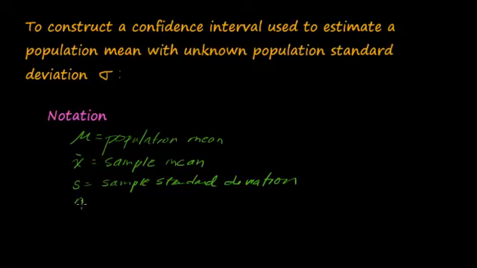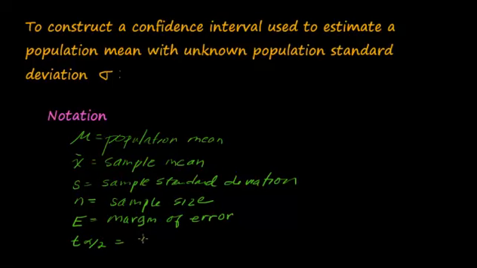N is the sample size, lowercase n. E is our margin of error. And then t alpha over 2 is the critical value. And we'll look at more about how we get that in the next video.